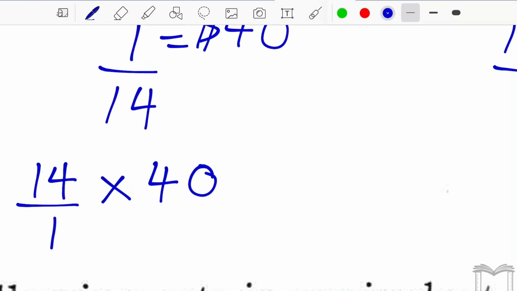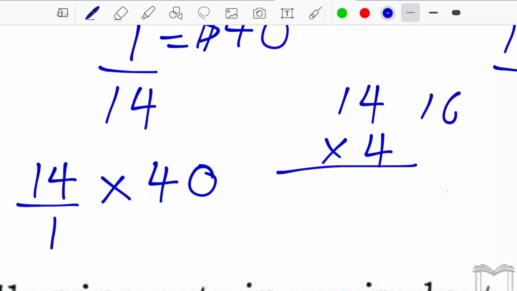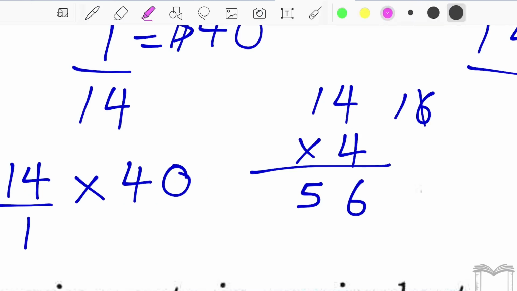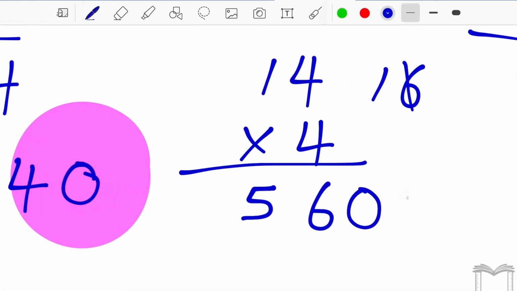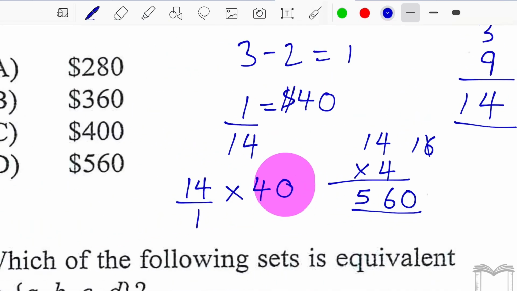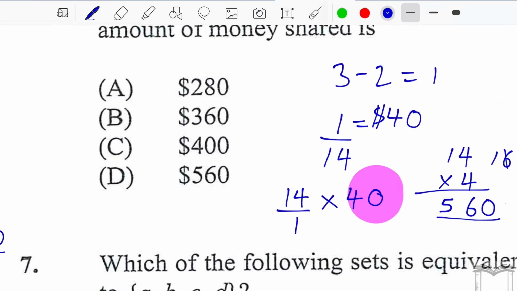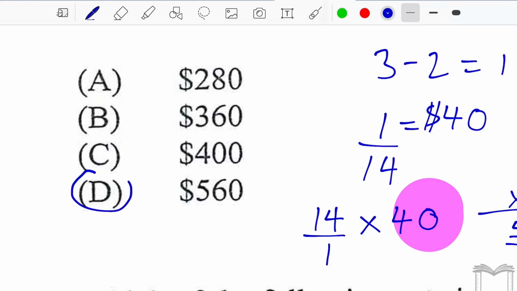So all we have to do is multiply 14 by 40. I'll multiply 14 by 4 and add the 0 at the end after. 4 4s are 16. 1 4 is 4, plus 1 is 5. So that's 56. We put back the 0. So that's 560. So D is your answer.